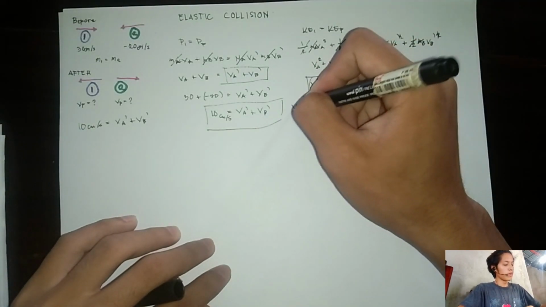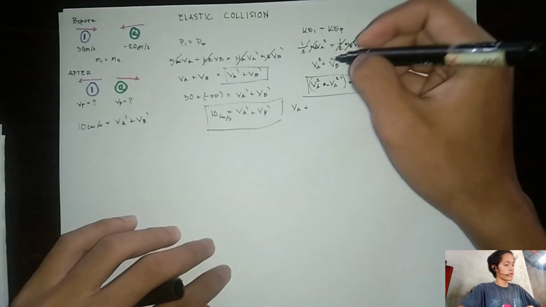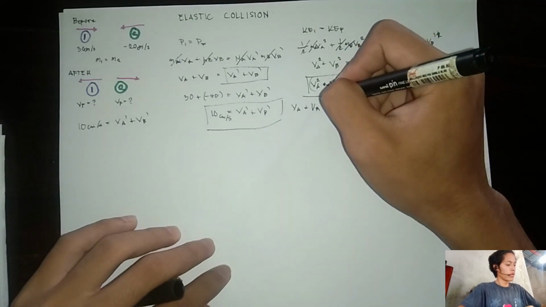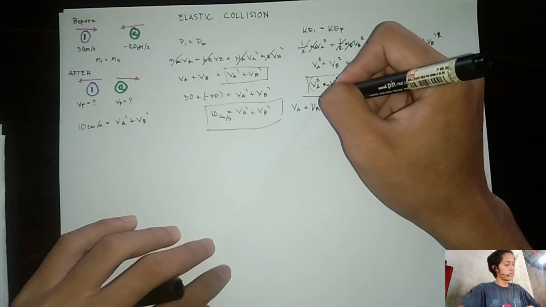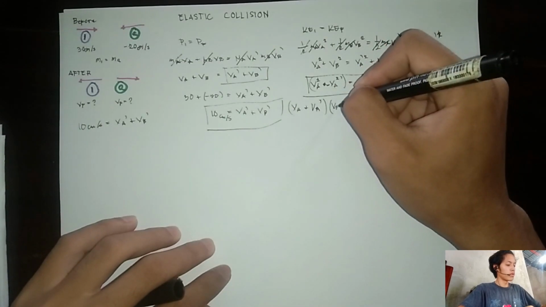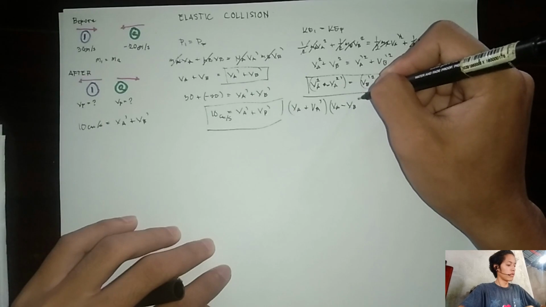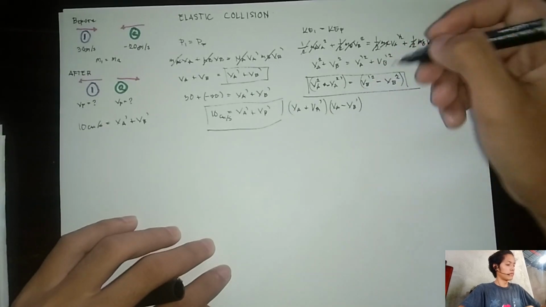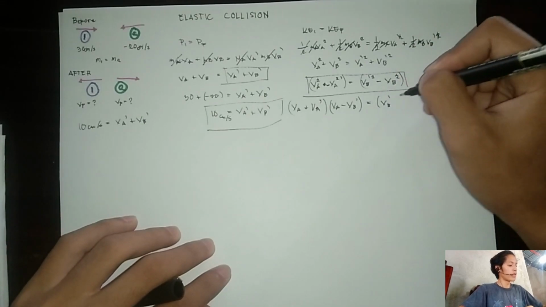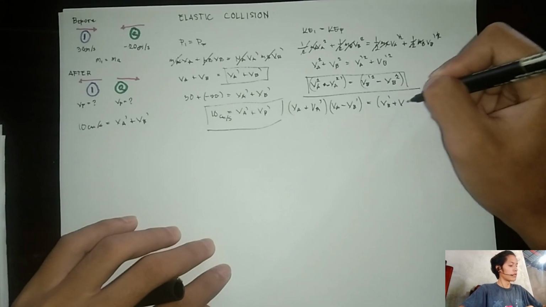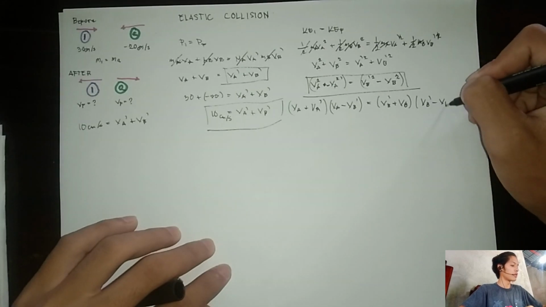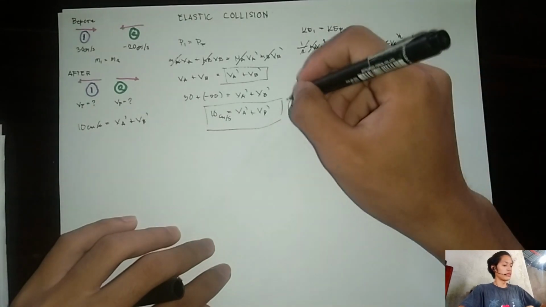Magiging velocity A plus velocity A final multiplied by velocity A minus velocity A final is equal to, ganun din dito, velocity B final plus velocity B times velocity B final minus velocity B. So, ito yung isa nating equation.